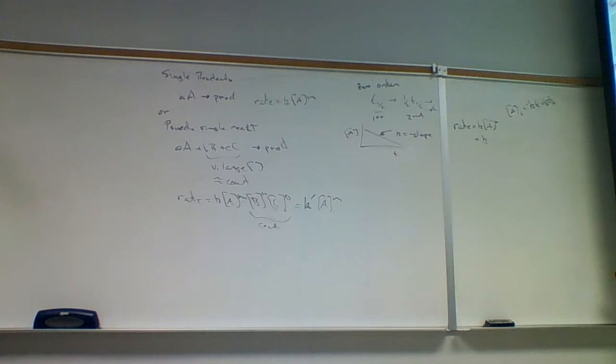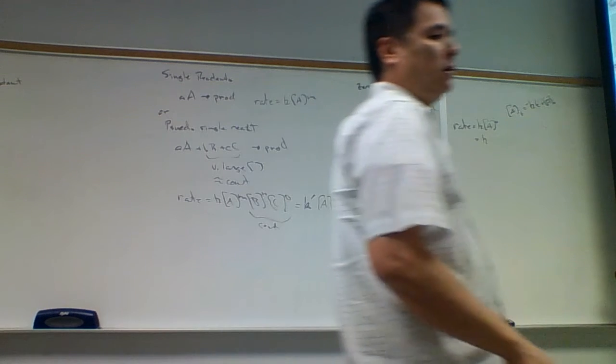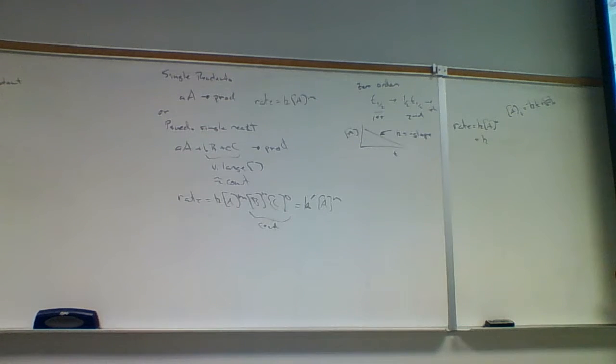If it's first order, then t1/2 is constant. Sometimes it's easier to talk about half-lives rather than rate constants. Rate constants are a little bit abstract. But for first order, the easiest thing to do is to characterize that reaction in terms of half-life.